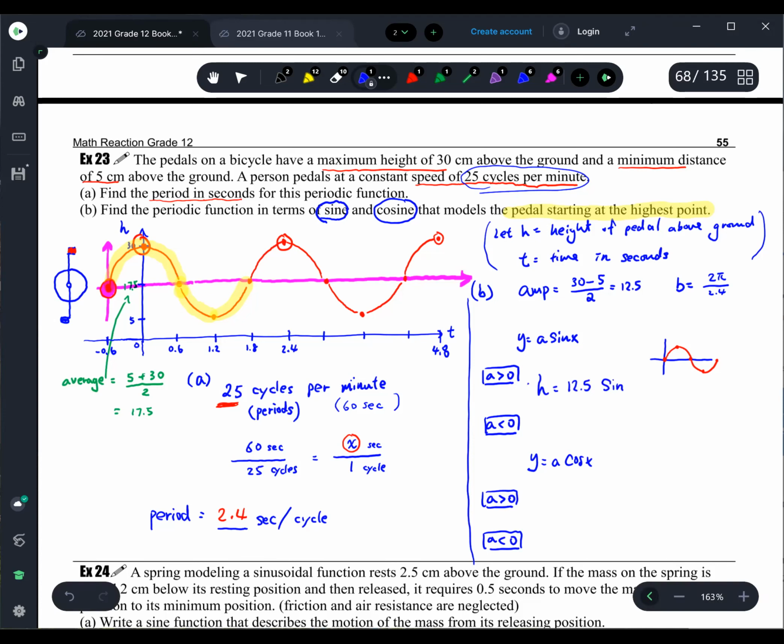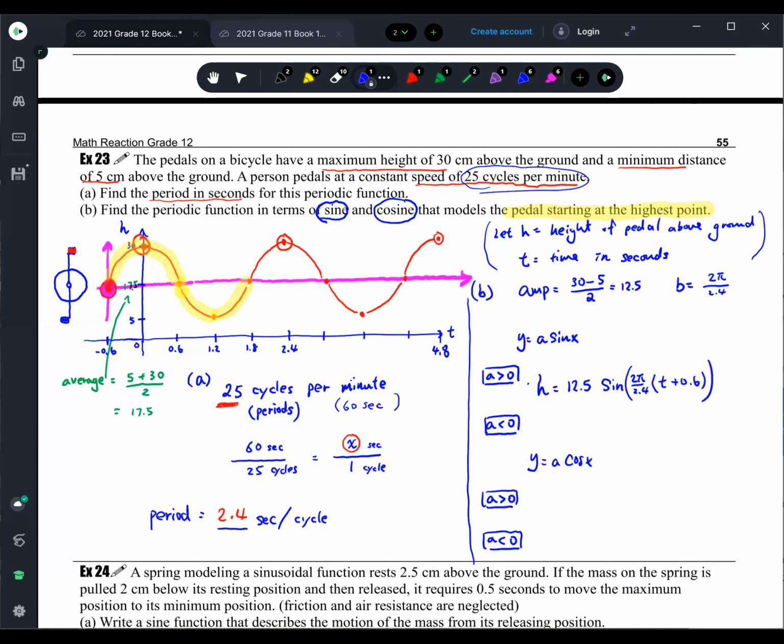Sine, and then B is 2 pi over 2.4, and then we have C. C is negative 0.6. So it'll be T minus negative 0.6, so plus 0.6.